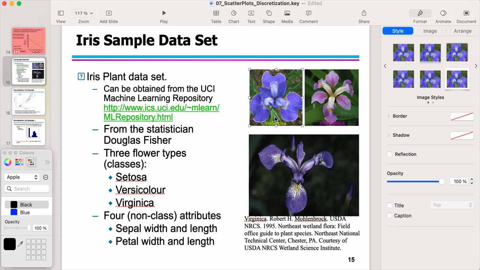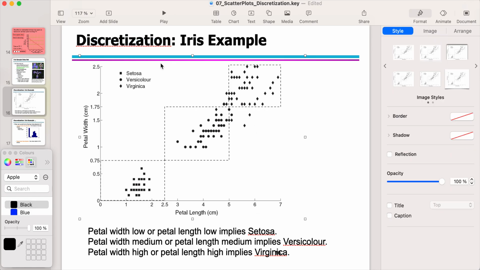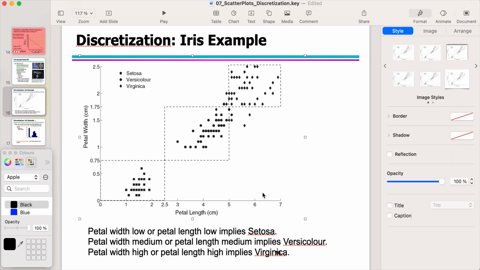So the process of taking the infinite amount of pixels and converting them to a finite number of pixels so that we can store it in the computer is called discretization. So if we have too many values for the petals of the iris virginica, we can do discretization. This means we're going to map some of those into an interval. Let's say we are going to have two numbers here between 6 and 7: 6.5 and 7.